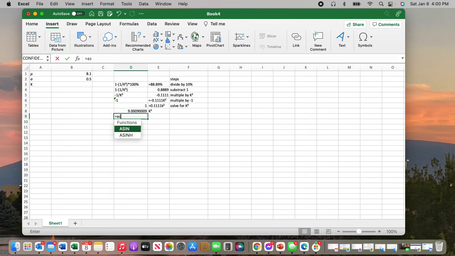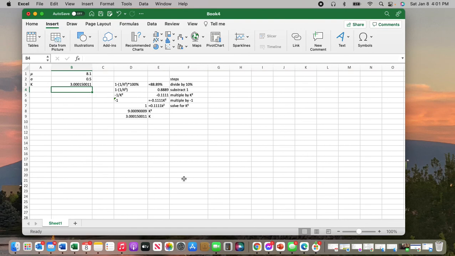So this is going to be equal to the square root of this here, and that will equal k. So I found k, I'm sorry, not k squared, but k. Now I found my k, I'm just going to type equals, and enter this value here. All right, here is my k.